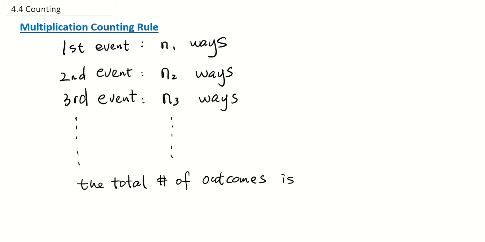Then the total number of outcomes for this sequence of events will be n1 times n2 times n3 times the number of the ways of the rest of the events.